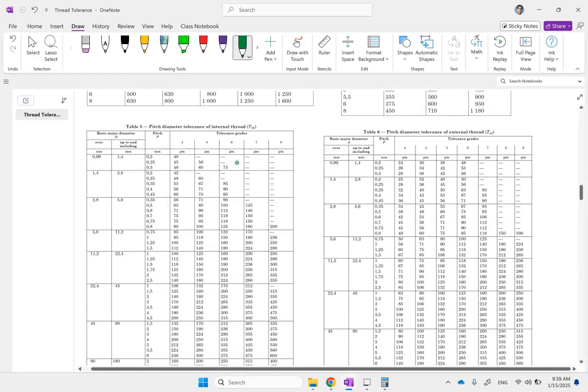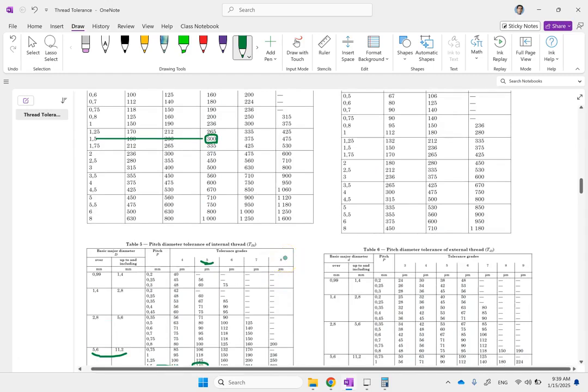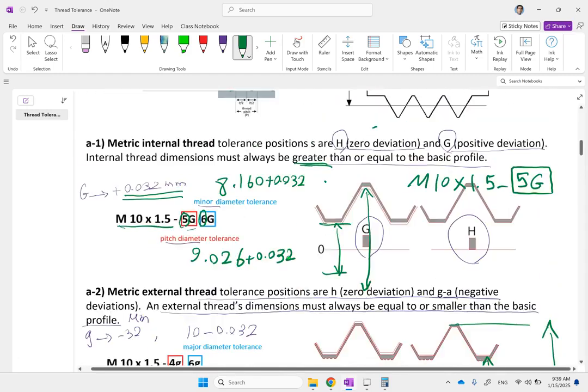Then if we go down for pitch, it was class 5. And here you need to know the major diameter range and the pitch. So the major is 10, which is between 5.6 and 11.2. So it's here. The pitch is 1.5. So we're going to follow this and 5, and we're going to get 140. So 300 for minor, 140 for pitch.